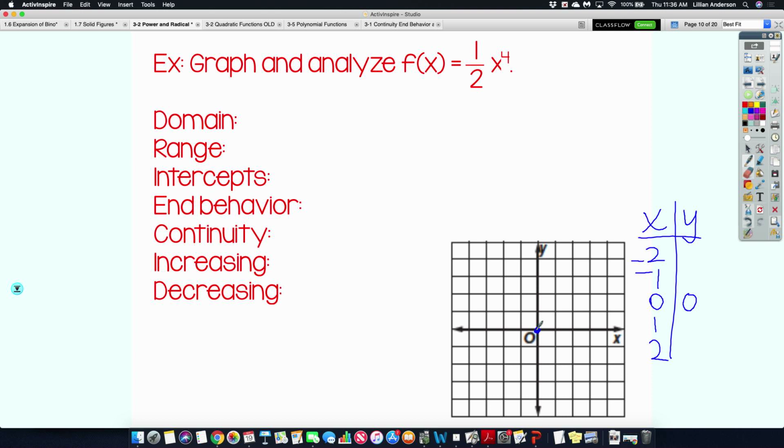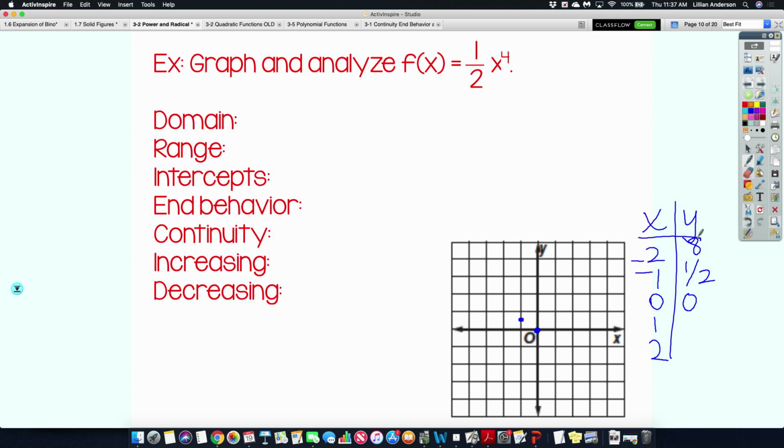If I plug in -1, what's -1 to the fourth power? And I multiply that by 1/2 and I get 1/2. So at -1, I'm at 1/2. When I plug in -2, I apply the power because its order of operations was -2 to the fourth power. And what's 16 times 1/2?